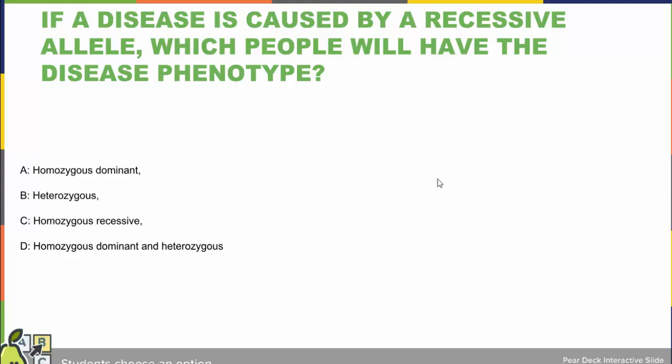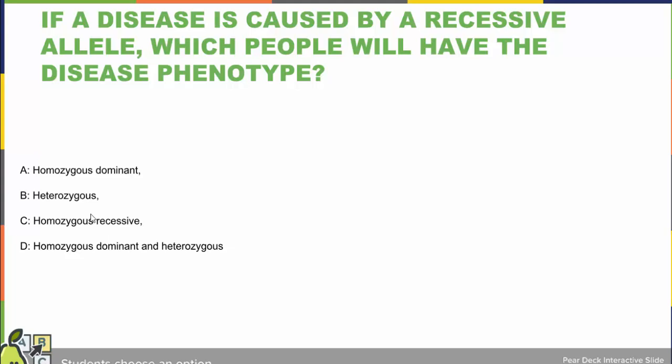All right, question for you guys. Again, you should pause the slide, try to answer this, and then I'll explain it. It says, if a disease is caused by a recessive allele, which people will have the disease phenotype? If it's a recessive allele, and if we assume classical dominance here, that means that the people that are going to have that phenotype are going to be homozygous recessive.